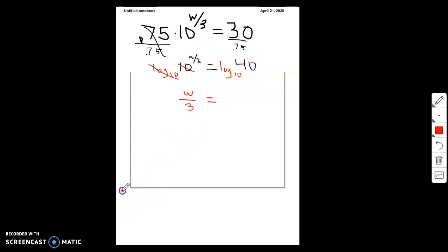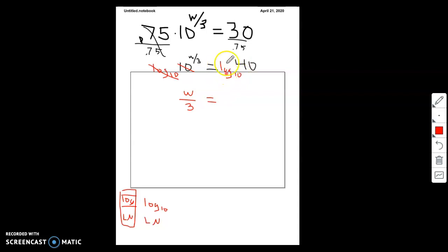Now we talked about how there are 2 buttons on your calculator, right? One is just the log button, and one is the LN button. The log button is log base 10, and the LN button is log base e. So whenever you see just a log button without anything in it, you want to assume it's a log base 10.